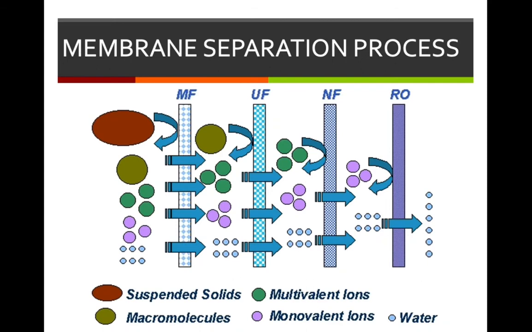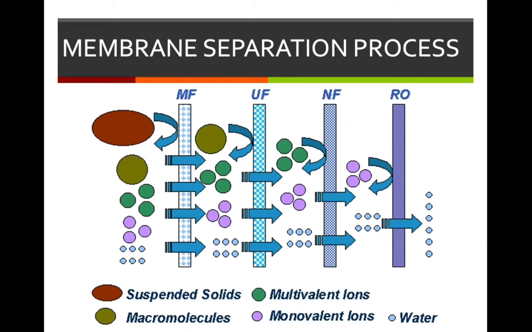If you want to remove multivalent ions and also micromolecules and suspended solids, you can use nanofiltration directly. And reverse osmosis basically passes only water; even monovalent ions are rejected. So it depends on the pore size difference.